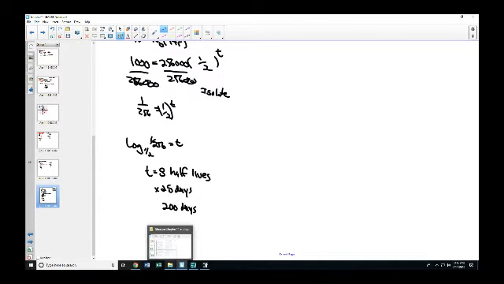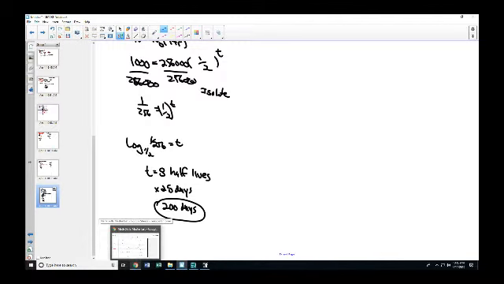There you go, 200 days. Again, that's something we can actually measure, so we know it's scientifically accurate. 25 days. So it's 1,000.